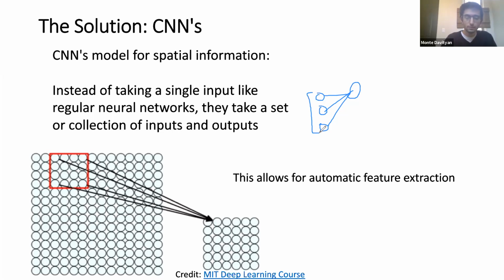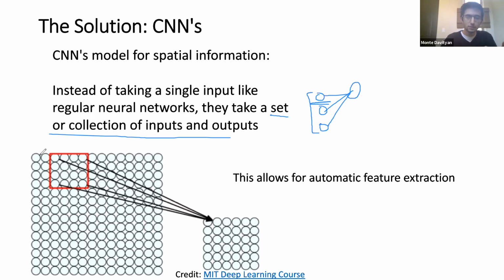An image is 2D data. So what the convolutional layer does is it can model for this. Instead of taking a single input like the regular neural network does, it takes a set or a collection of the inputs.